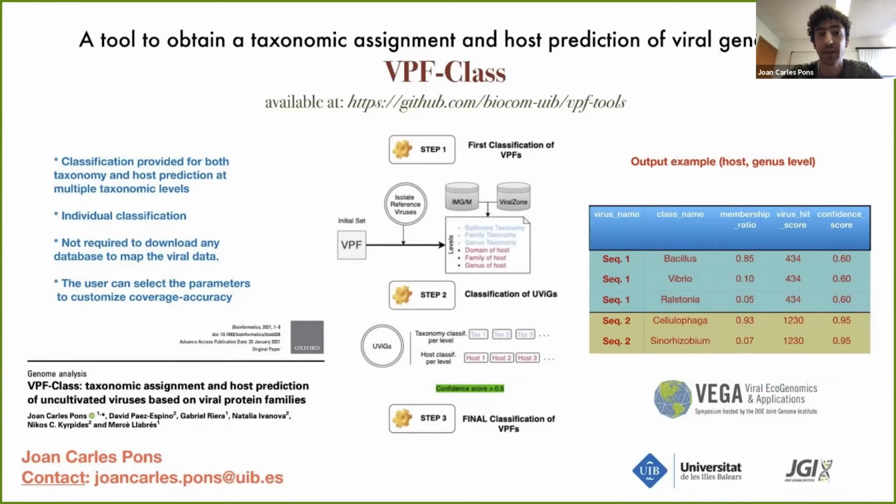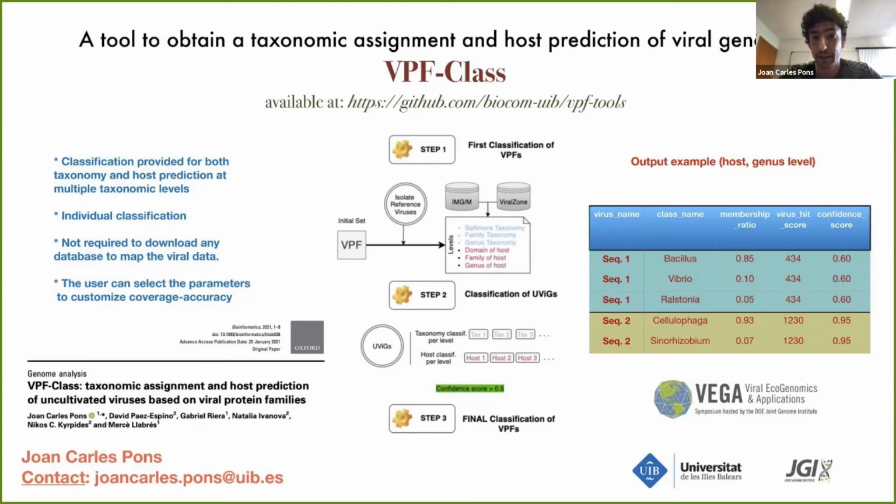In the first step of this classification, we use annotated databases, which are a set of isolated reference viruses, to classify the VPFs. Then, in a second step, we classify some uncultivated viral genomes, and in the third step we use some of them to provide a final taxonomic classification and host prediction of the VPFs.